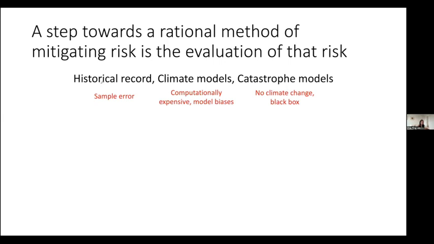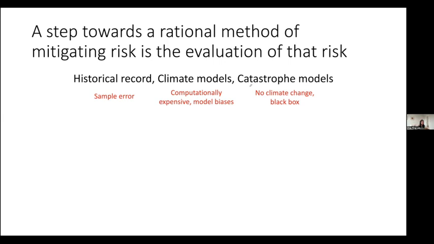The historical record is never going to be sufficient to give us the full spectrum of risk because we simply don't have that much high quality data, so there's sampling error. Climate models, even for me, are computationally expensive to run, so they're not usually run by people outside of academia. There are also model biases, which we will talk about later.